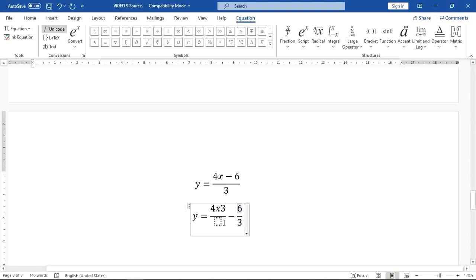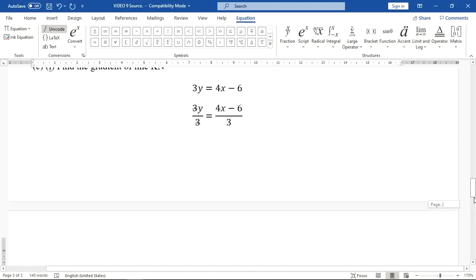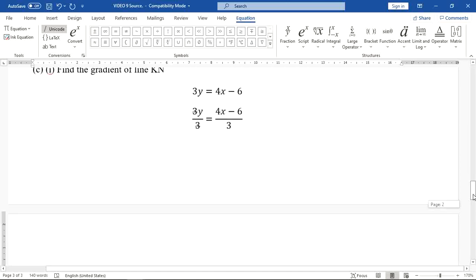You can simplify this if you wish, but remember what you are interested in is just the gradient. We are just interested in the gradient, so we can say the gradient of line KN.